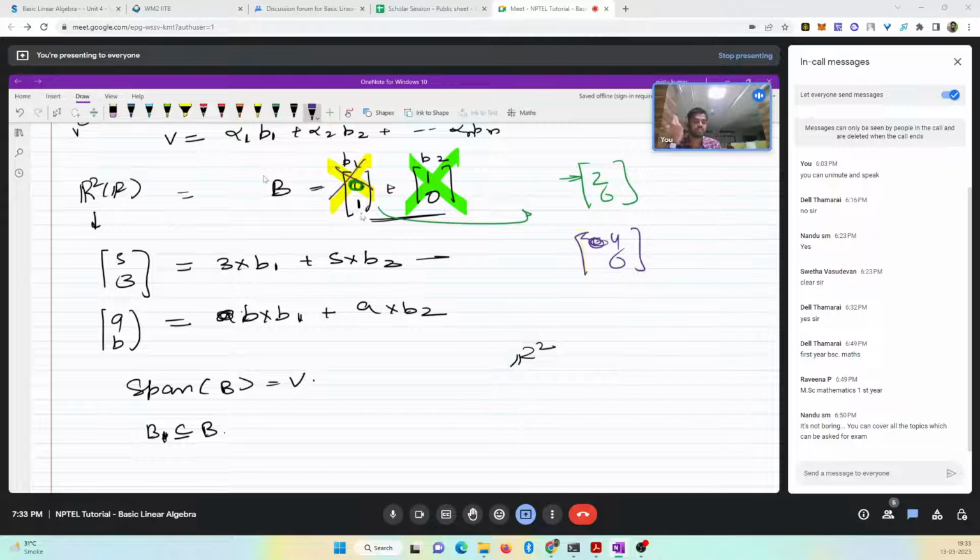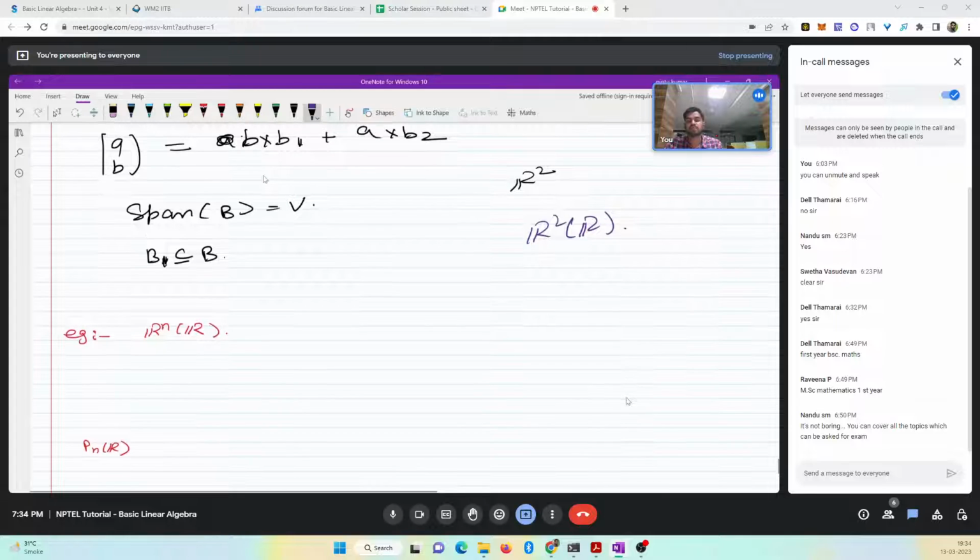So if I remove any of these vectors, I'm not able to write the other one. That's why at least two elements were required here to span my complete V. So this B was a basis for R2 over R.